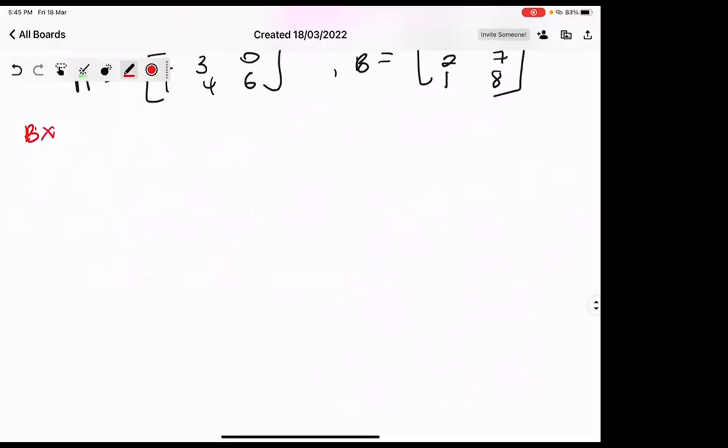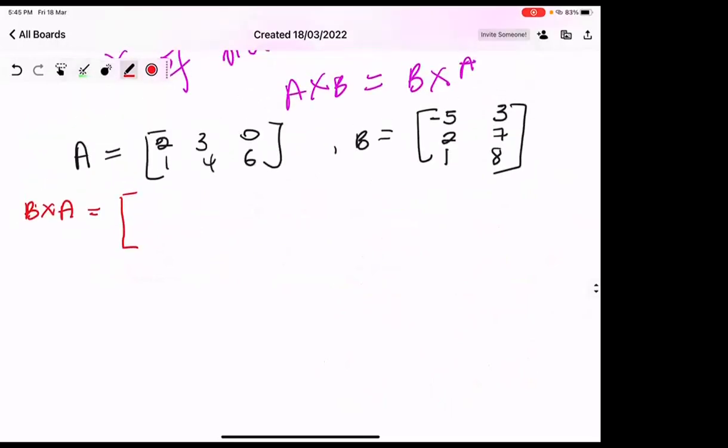So B times A, which means that our first matrix, which is B, given by minus 5, 2, 1, 3, 7, 8, is multiplying matrix A, 2, 1, 3, 4, 0, 6.